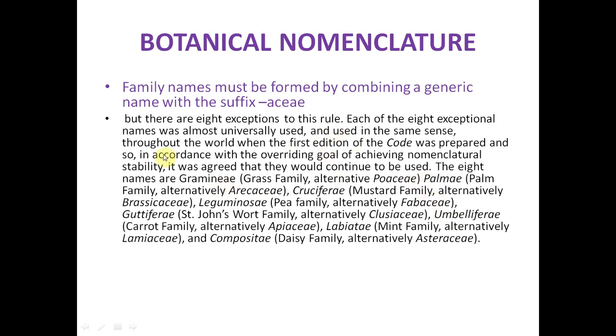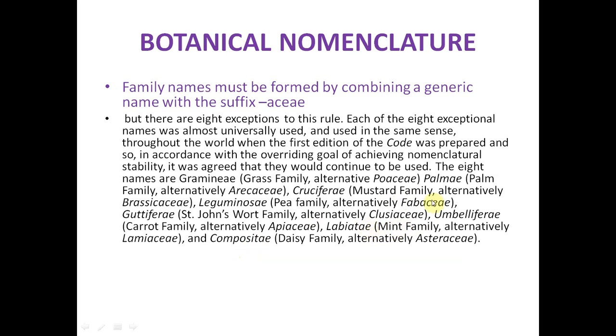Throughout the world, when the first edition of the code was prepared, in accordance with the overriding goal of achieving nomenclatural stability, it was agreed that they would continue to be used.